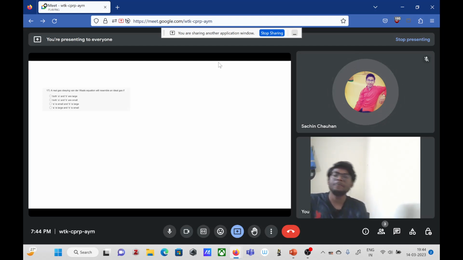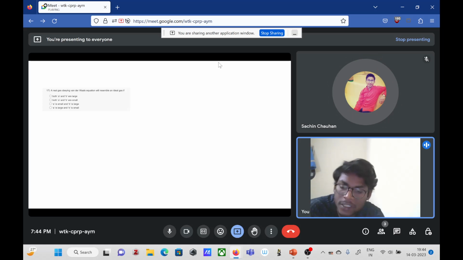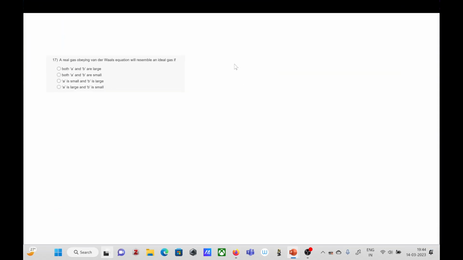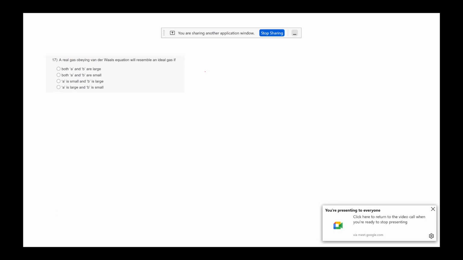No, option A is not correct. Let me write it. So the real gas equation for 1 mole is (P plus a by V square)(V minus b) equals RT.